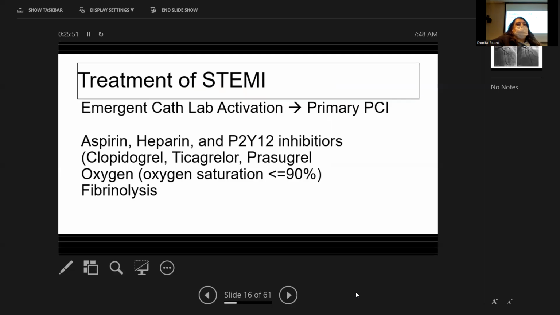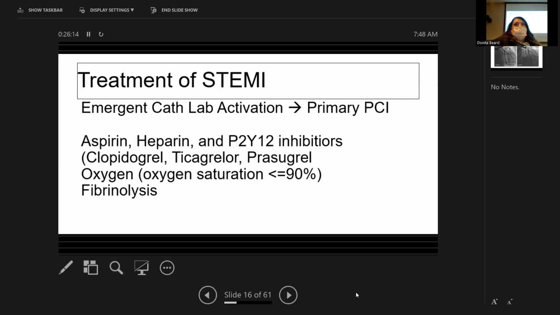Treatment of STEMI goes straight to the cath lab. Things have changed a lot over the last several years because of primary PCI and STEMI. We're going to talk about some of the complications of myocardial infarctions, but in the emergency department, every chest pain patient should get aspirin.